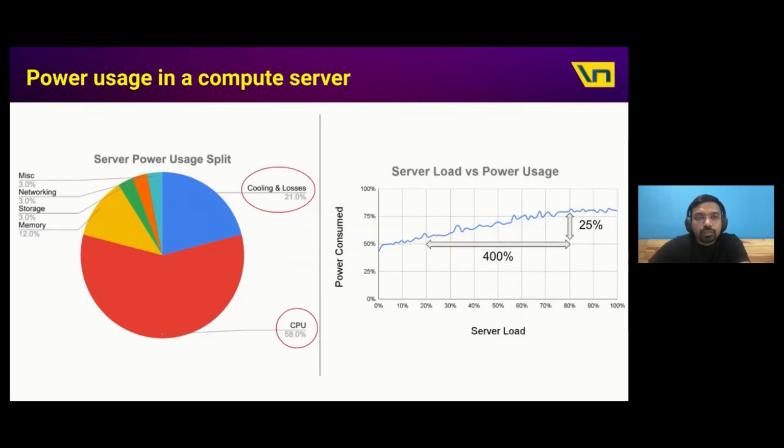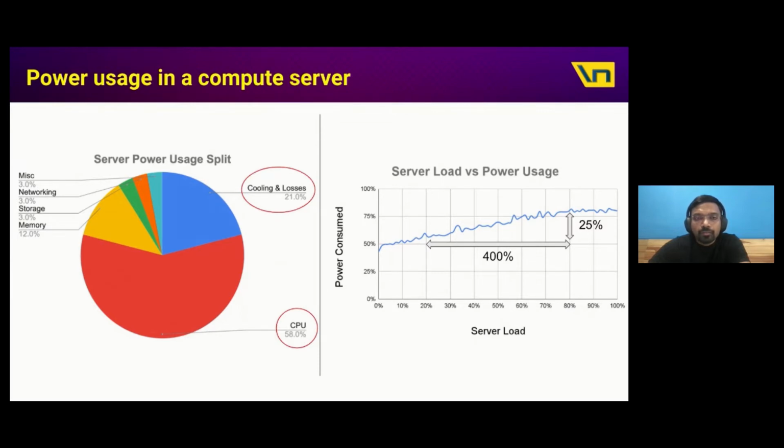Now let's drill down into a compute server and see the component-level power usage. The main contributor, of course, is the CPU, and after that are the overheads due to cooling devices like fans and losses in the power supply units. So it is important to choose efficient CPUs, power supplies, and fans.